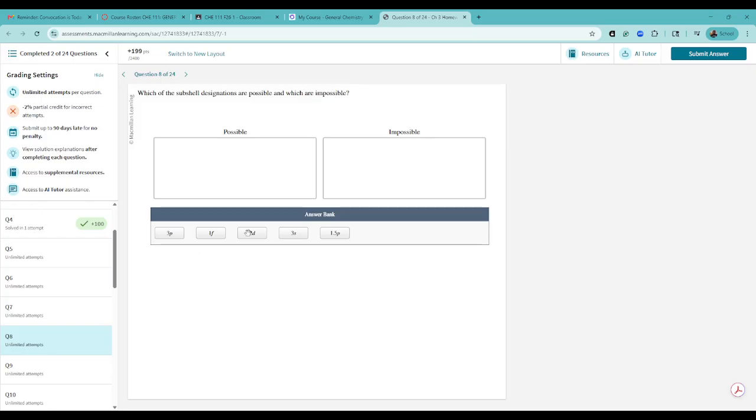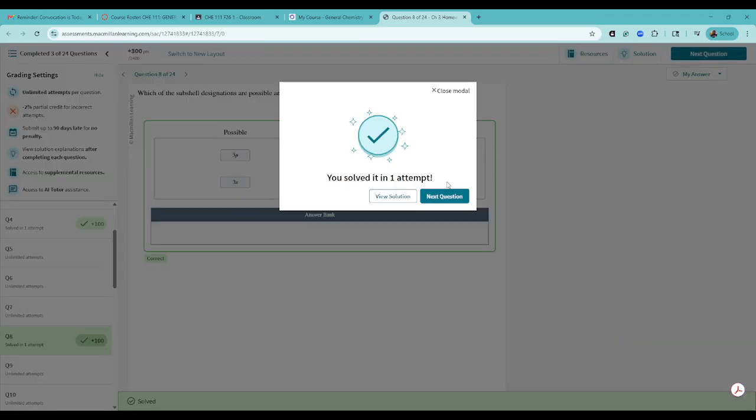Which of these are possible? 1s is possible, 2s, 3s, all those are possible. 2p, 3p, that's possible. But f doesn't show up till row 4, and d doesn't show up till row 3. It is impossible to have half a row. So those are impossible.